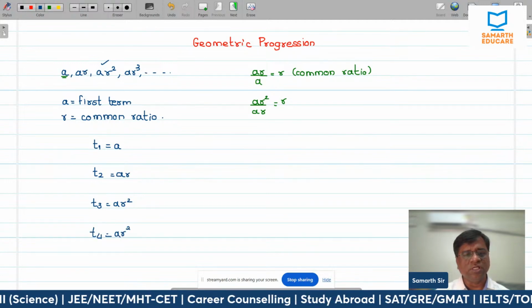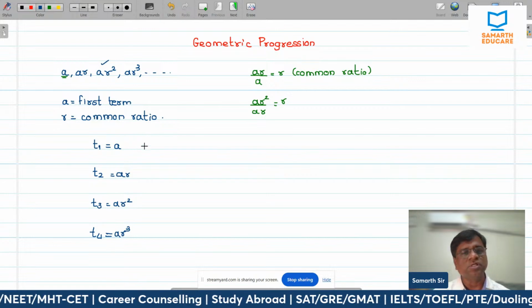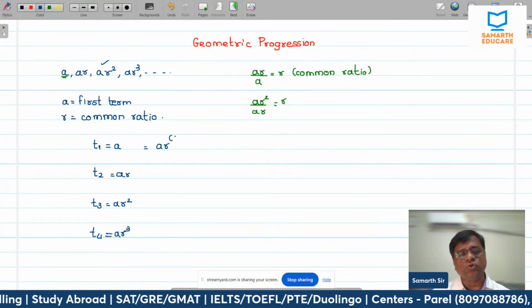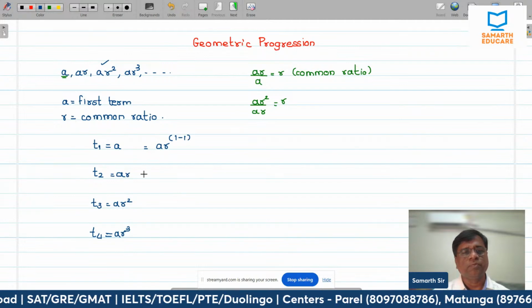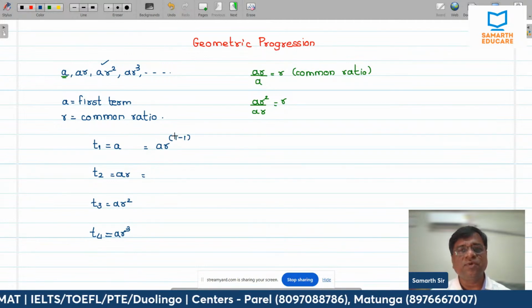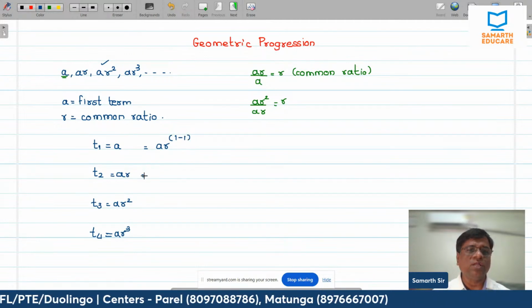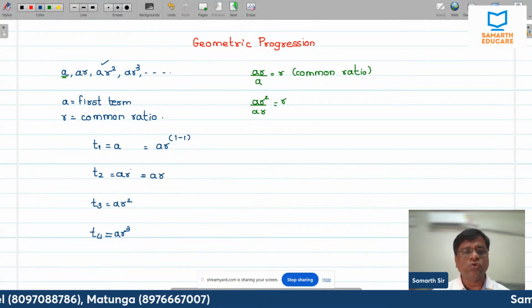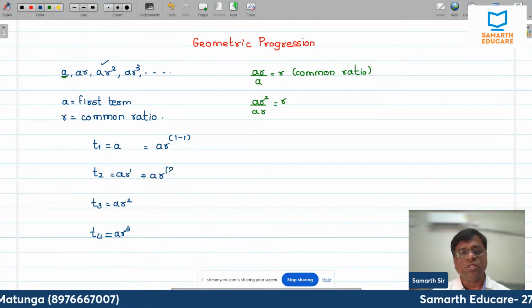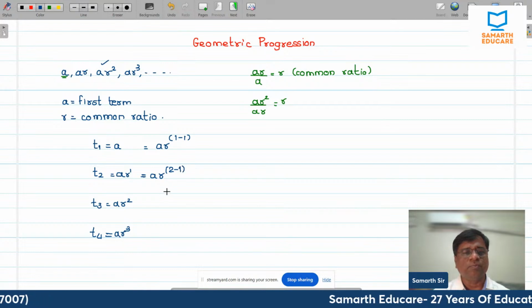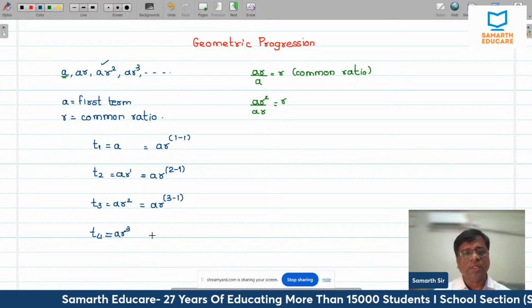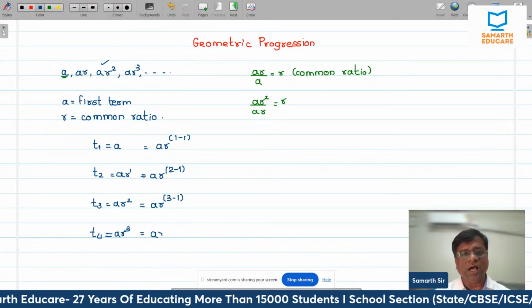If we observe only these first four terms, this can be written as a into r raised to 1 minus 1. Because 1 minus 1 is 0 and r raised to 0 is 1, it will not make any change. Then this is a r raised to 2 minus 1, then a r raised to 3 minus 1, then a r raised to 4 minus 1.